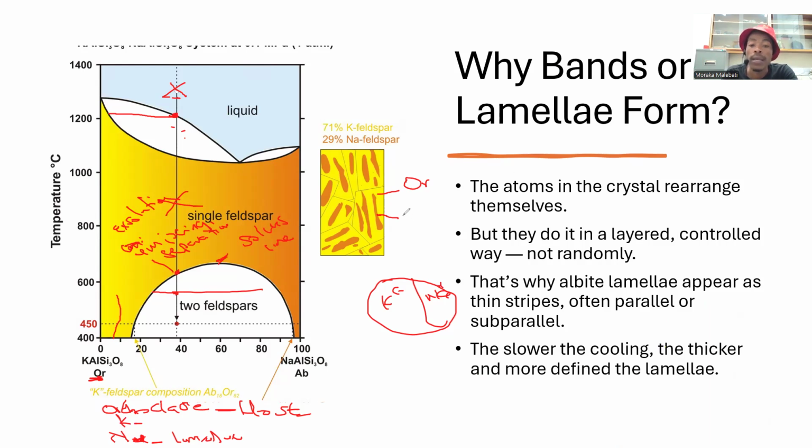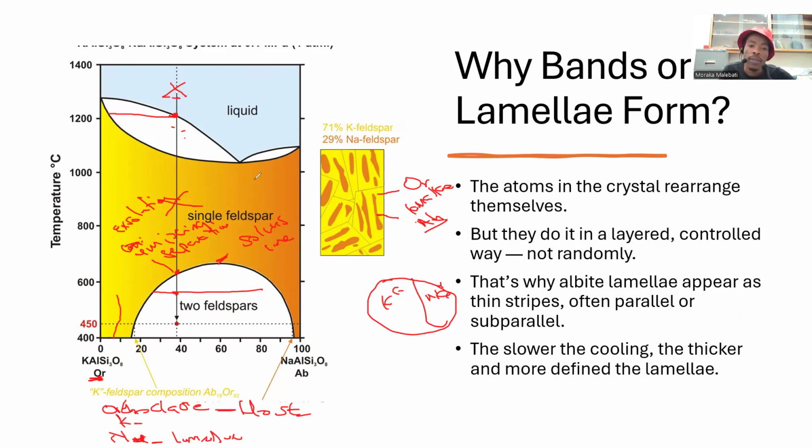We call these things lamellae, and they are of the albite. Basically that's what perthitic texture is. So perthitic texture is wherein we find the lamellae of the albite within the host of the orthoclase.